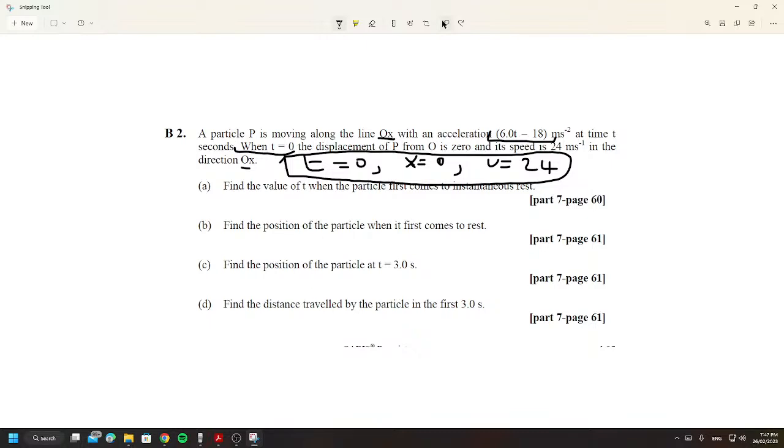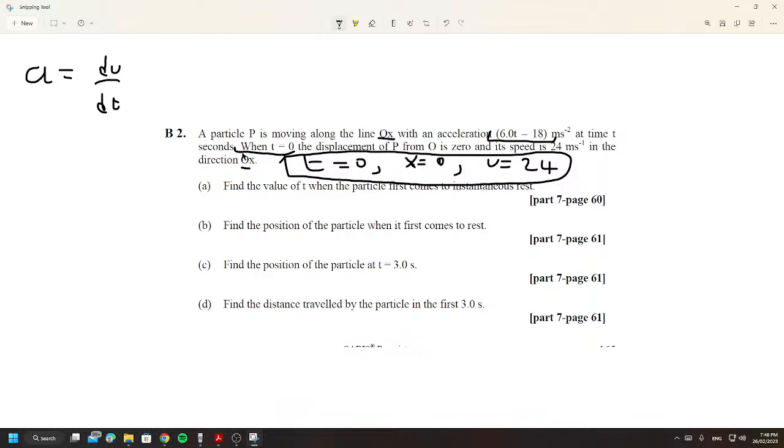Instantaneous rest, what does that mean? Okay, I think I got it. Yeah, I got it. Okay, so let's just integrate here. A is equal to dv over dt.